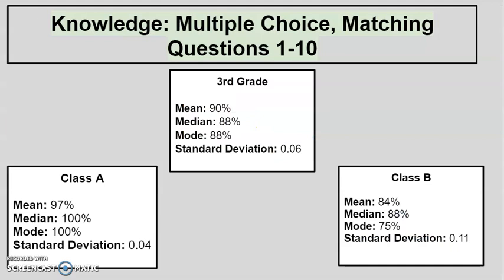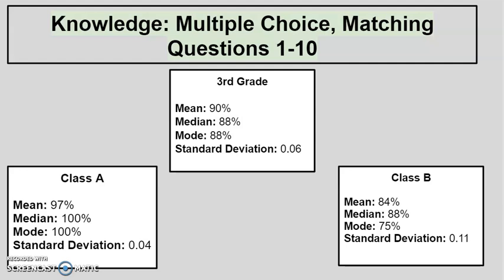Then I wanted to take a deeper look into the questions and the levels of questions that I was asking my students. So the green color code on my Google Sheets indicates the knowledge level questions, and I looked at the third grade average score being at 90 with a standard deviation of 0.06.